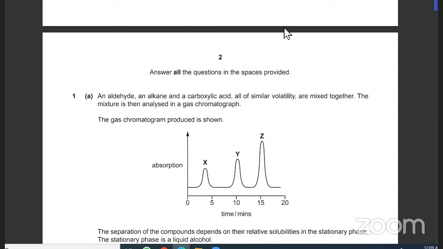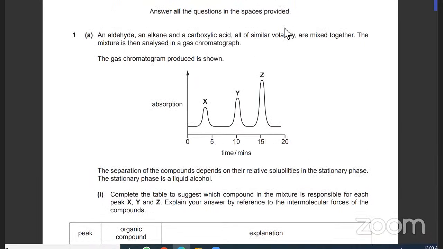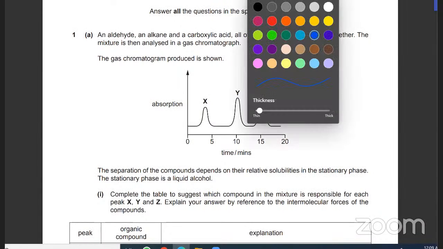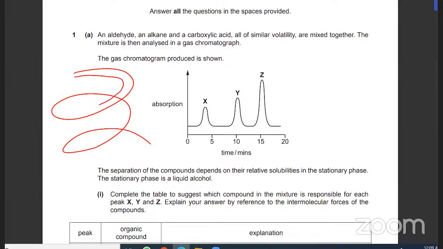The first thing, gas liquid chromatography. It's very basic. All you have in gas liquid chromatography is, let's say there's a tube-like structure which is coiled, and this tube has a particular solvent present in it.